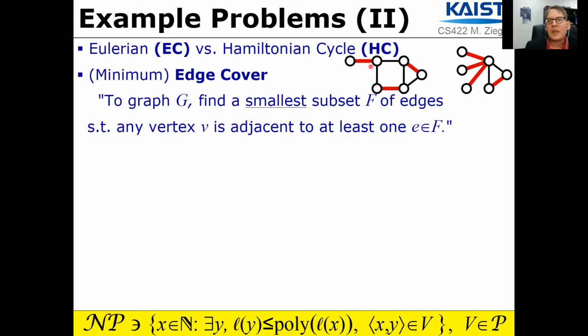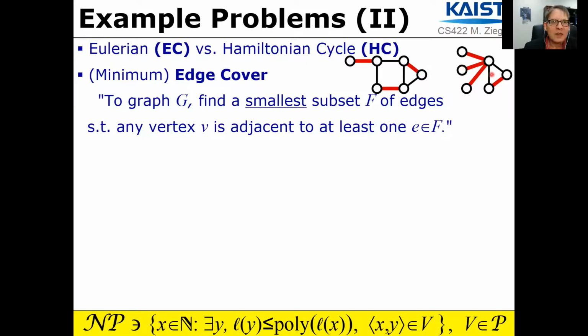The first graph here has an edge cover indicated in red. The three red edges cover all vertices. Every vertex is an endpoint of some of the three edges, right?